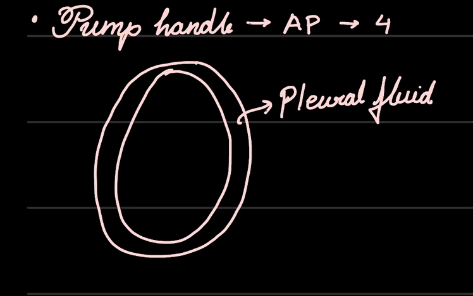Because of the lymphatic drainage, it creates a vacuum, and because of that, there is a suctioning force on the lungs, preventing the lungs from collapsing. Therefore, pleural pressure is always negative. Because of the tendency of the lung to recoil internally and the tendency of the thoracic cavity to recoil externally, the pressure in the pleural fluid is negative.